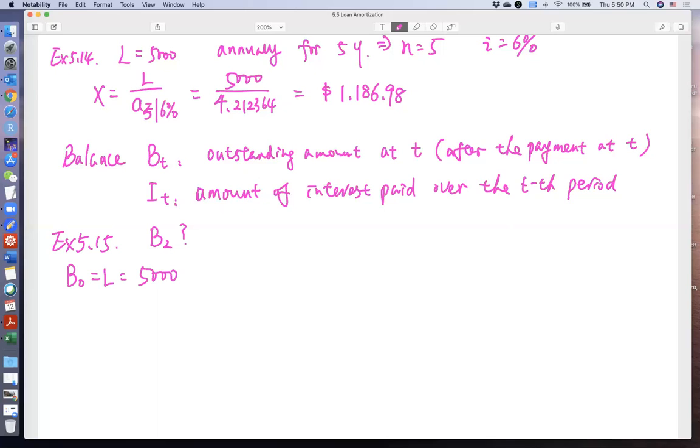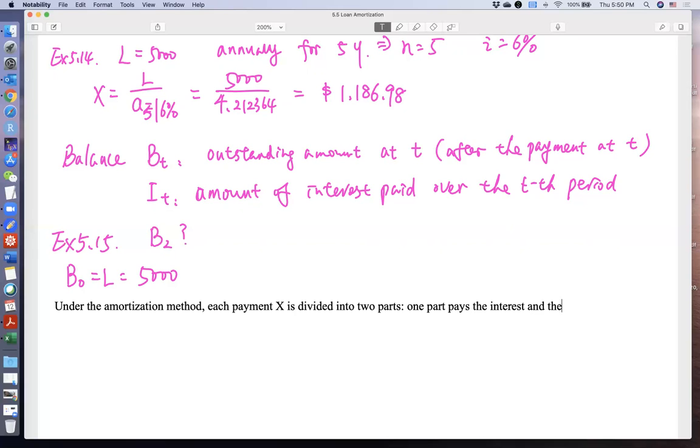Under the amortization method, each payment X is divided into two parts. One part pays the interest and the other contributes to the outstanding principal.